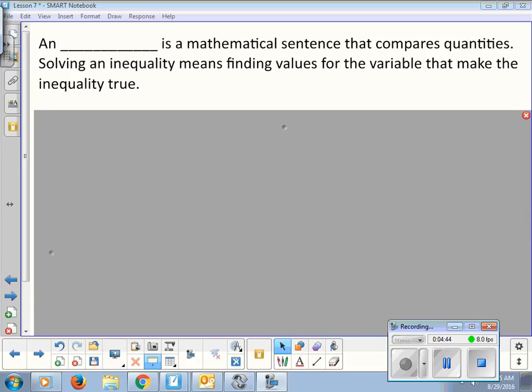Okay, our next vocabulary word is inequality. An inequality is a mathematical sentence that compares quantities. Solving an inequality means finding values for the variable that make the inequality true.